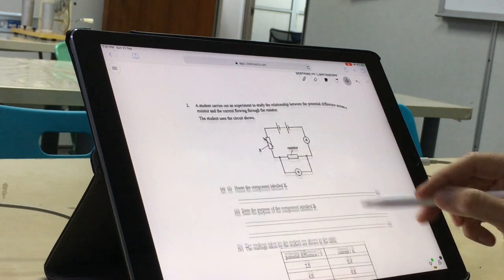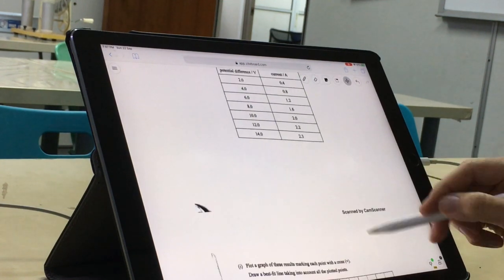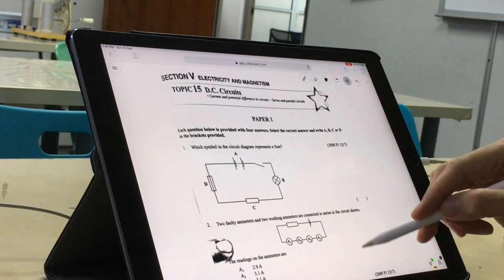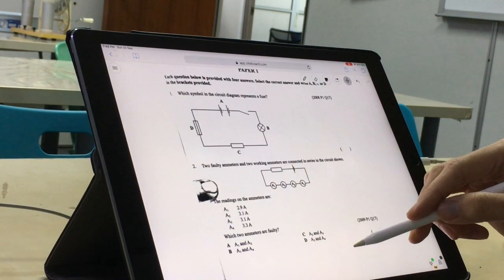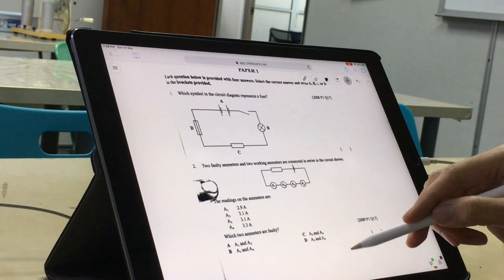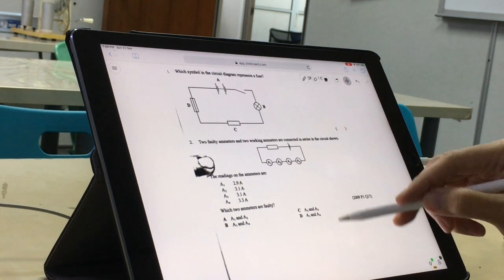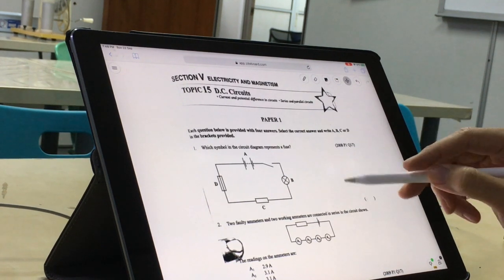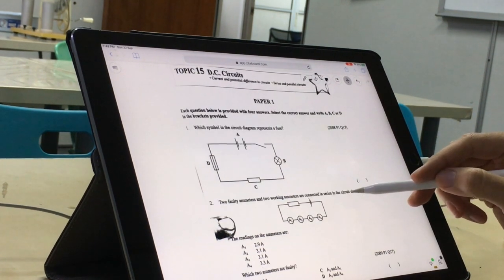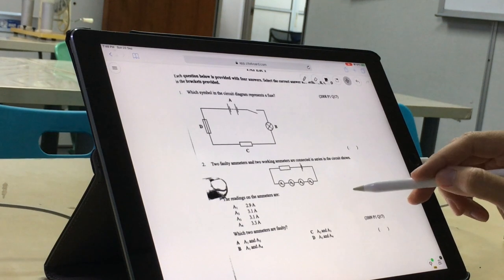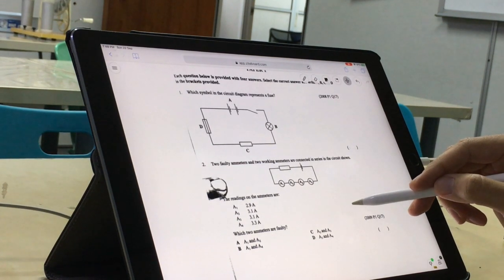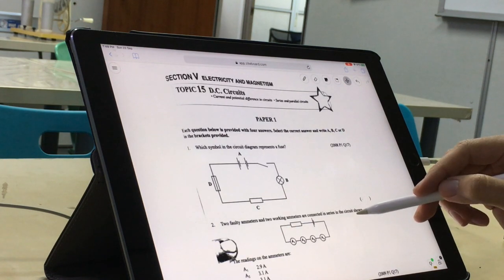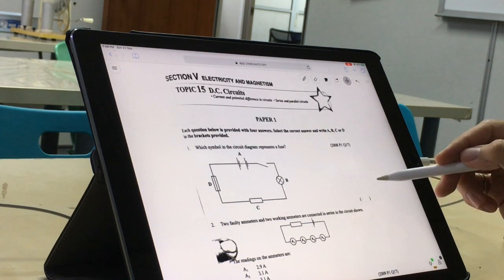Let's continue. This one I'm going to skip. I want to look at some more calculations first. Okay, this is another one. What is a DC circuit? Over here, you need to calculate direct current, so you have to find series or parallel.